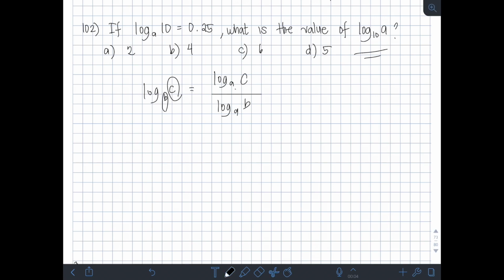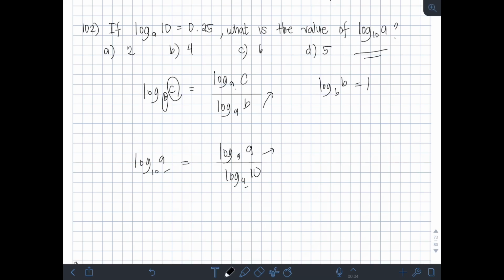Itong pinapahanap sa atin na logarithm of A base 10, pwede tayong gumamit ng panibagong base. So, gagamitin ko is panibagong base na A. Bakit? Kasi, kapag in-apply natin itong formula to, magiging yung numerator is logarithm of A base A and yung denominator is logarithm of 10, right, base A. Meron tayong property ng logarithm na logarithm of B with the same base B is equal to 1.